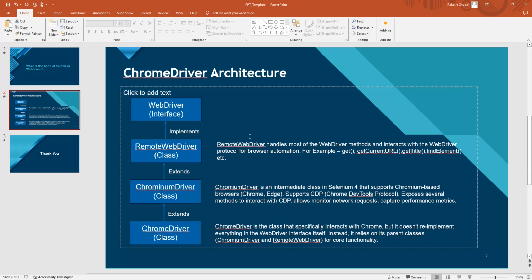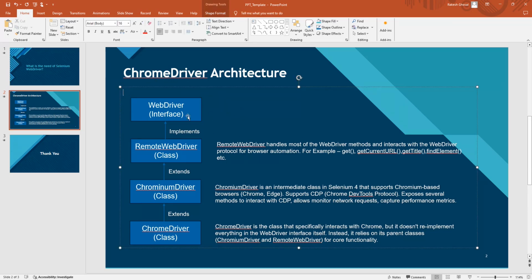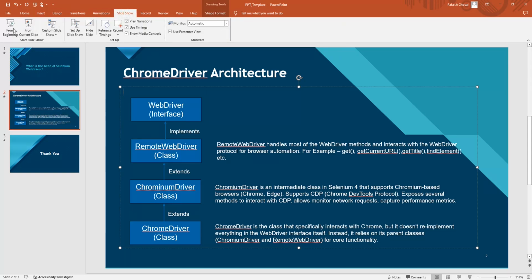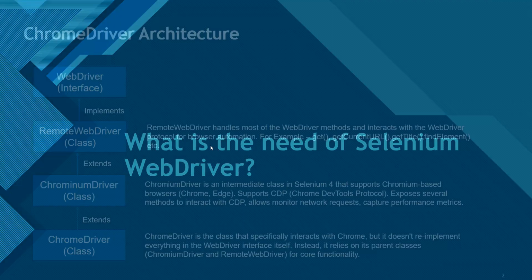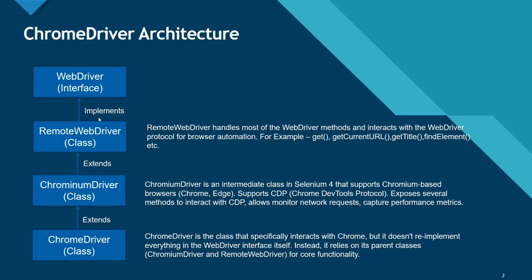So if you see here, WebDriver is one interface, and RemoteWebDriver is the first class that implements the WebDriver interface directly. So it is not ChromeDriver that is directly implementing the WebDriver interface. You think about it.